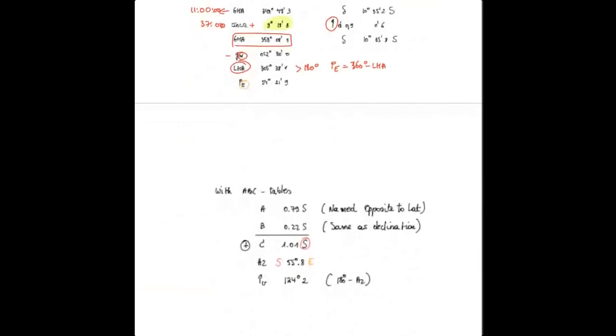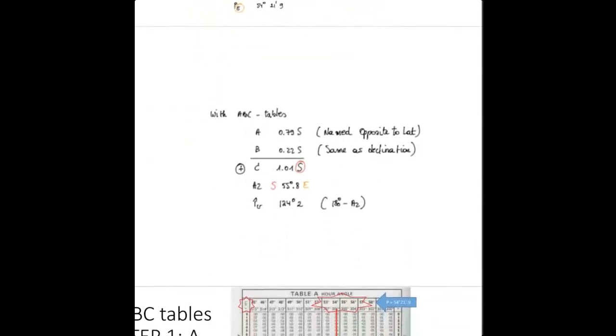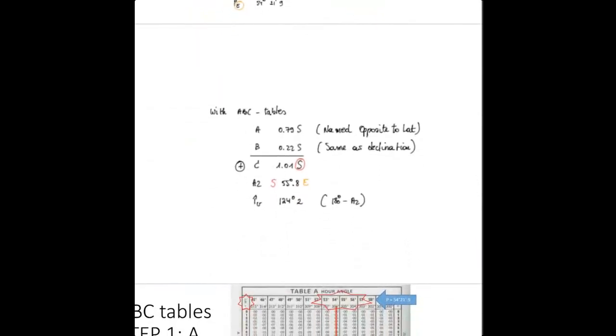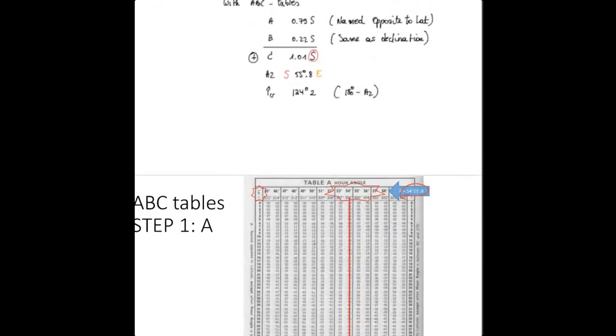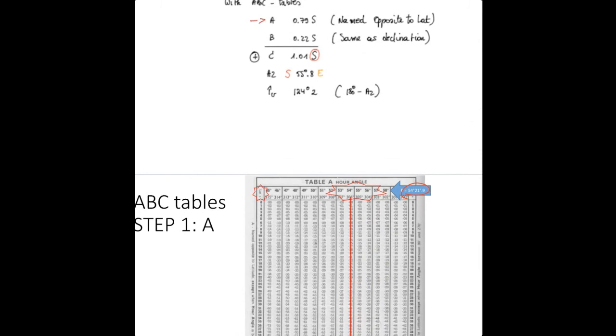First we take the ABC tables, where in function of our polar angle and our latitude here, we find a value of 0.79 south. That we include here.